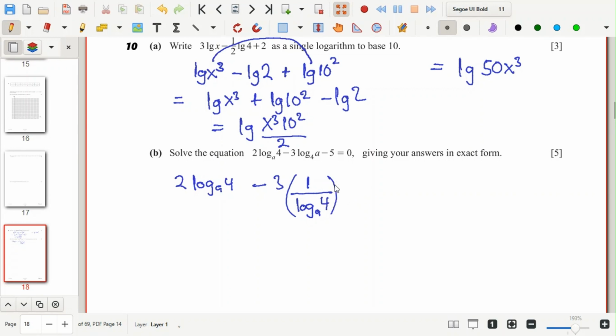So if you watch my previous video, I did a concept and I showed you that if you are changing base and the argument is the base that you are changing to, you just write 1 over that logarithm to base A, right?